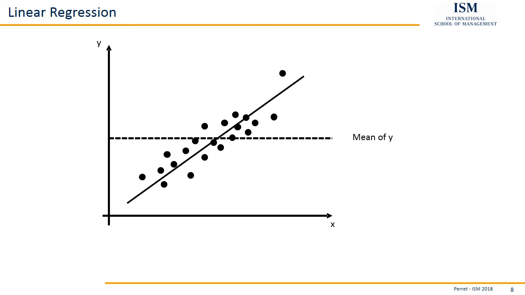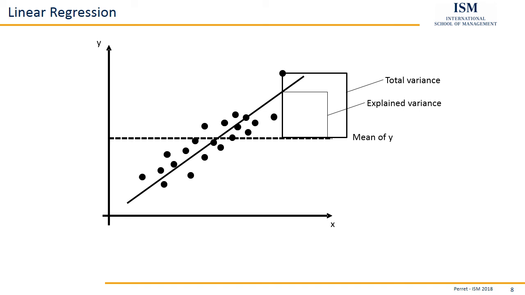So we estimate in how far the regression line provides better results than just taking the mean of y. We do it by first considering the total variance. The total variance, as we mentioned in some earlier sets, is the squared distance of the data point towards its mean. So here is the distance from the data point to the mean, squared. This is the total variance.